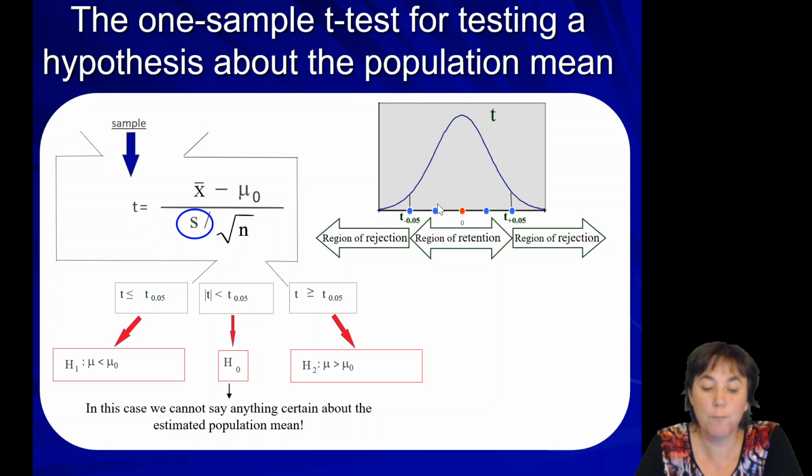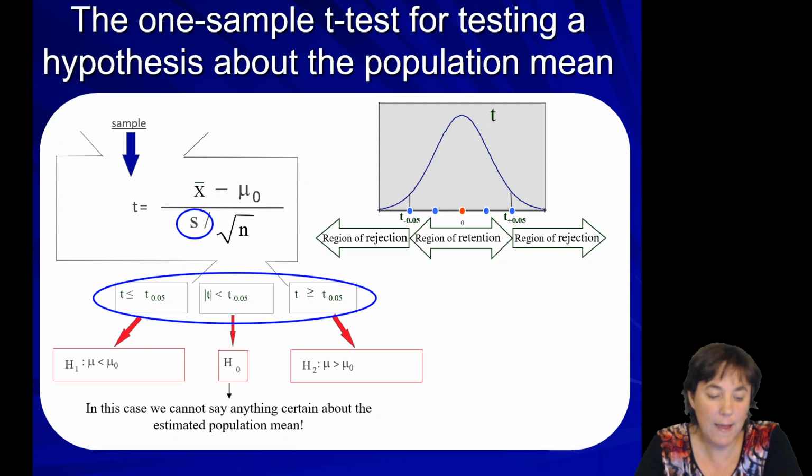Now we don't have preset values on our statistical distribution. We don't have a minus 1.96 and a plus 1.96, although when the sample is really large, then these values resemble these original Z values.